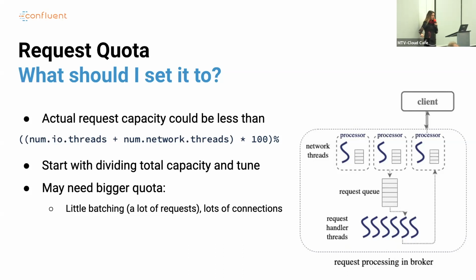The less efficient it is, the more quota you would need. Usually, with a very small number, you can just think of how many cores I have, divided. So you can set it small, but you might increase it if you think your application is doing too many requests. Or maybe you go and improve the way the application uses bandwidth, because it's always better to get more out of the whole cluster. So that's pretty much it.